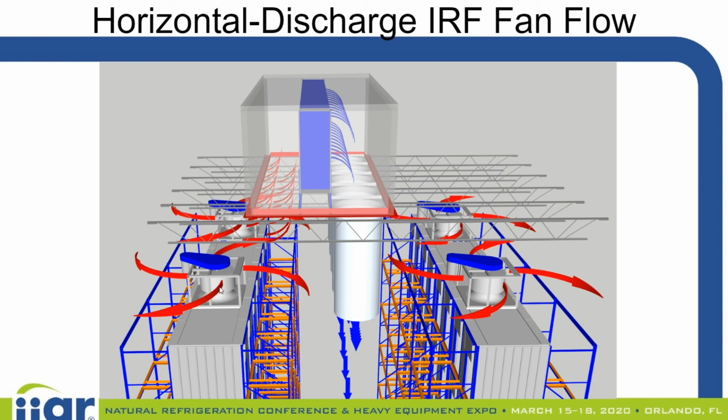And when the fans are running, they are discharging outward radially, 360 degrees. So it's important to get the evaporator air down below that discharge area, so we're not mixing those air streams on the way down toward the center of the aisle.